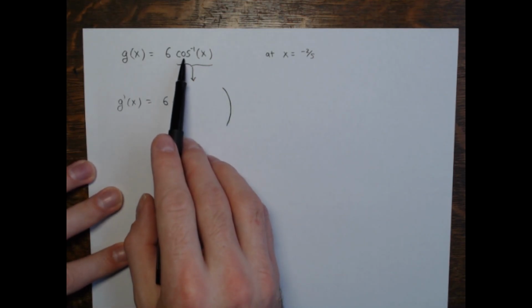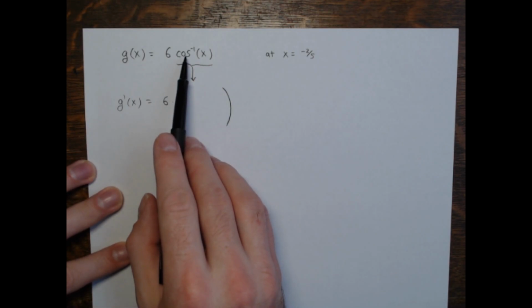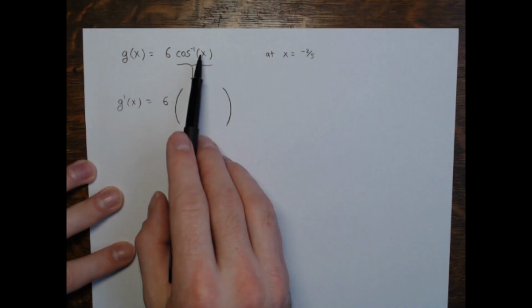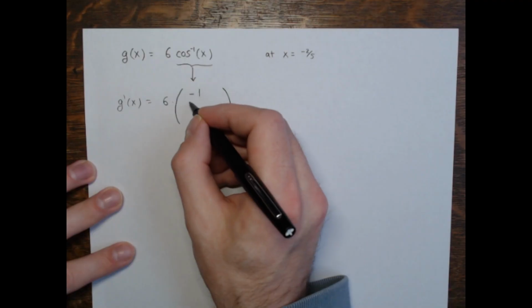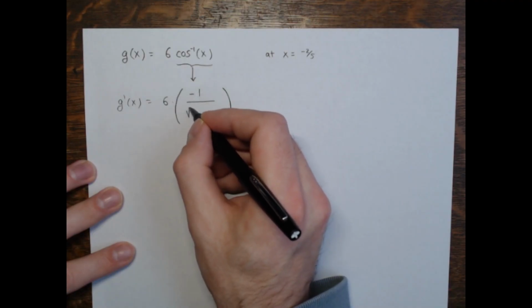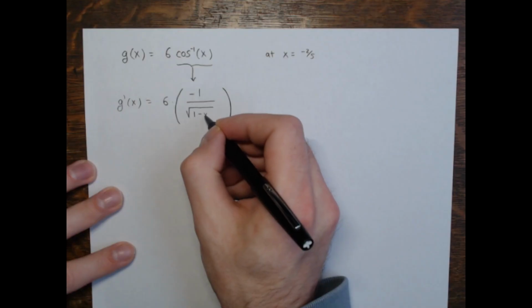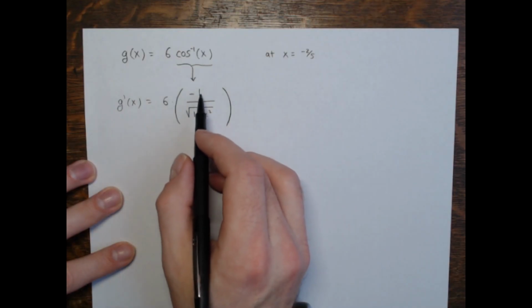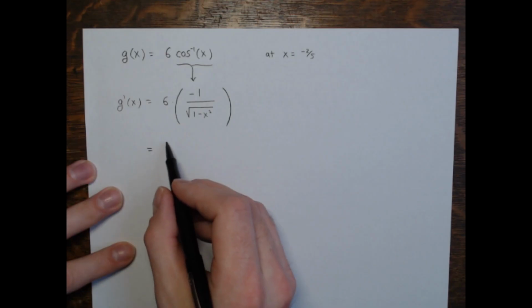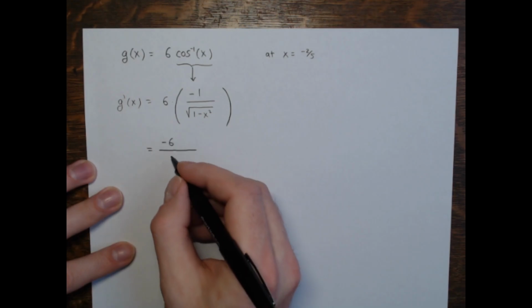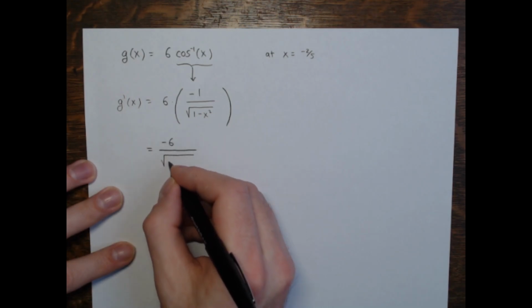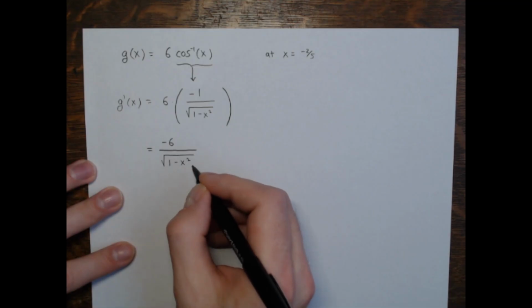Remember, the derivative of inverse sine was 1 over the square root of 1 minus x squared. So this is the opposite of that, -1 over the square root of 1 minus x squared. And put the 6 up top there, so this is -6 divided by the square root of 1 minus x squared.